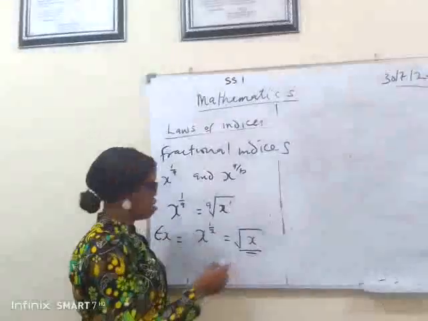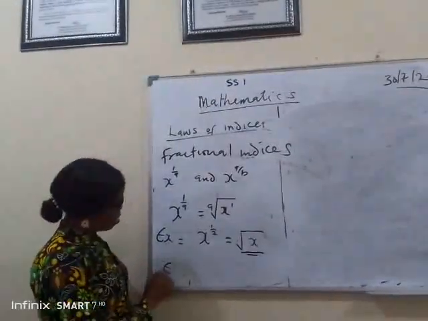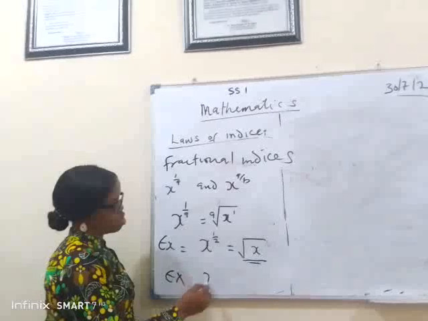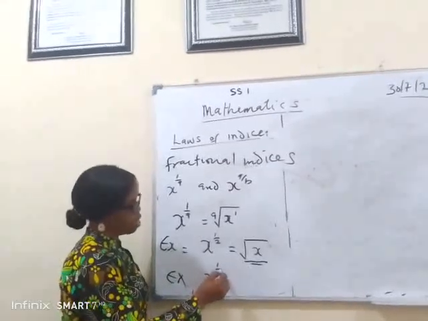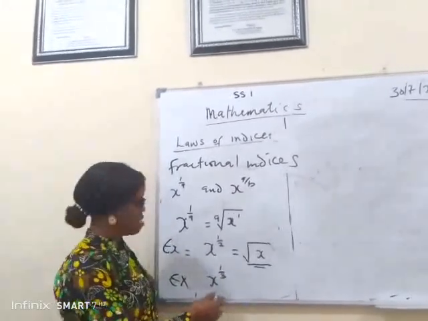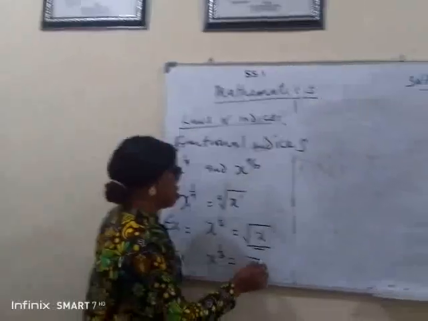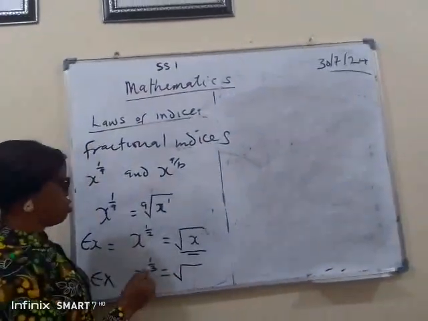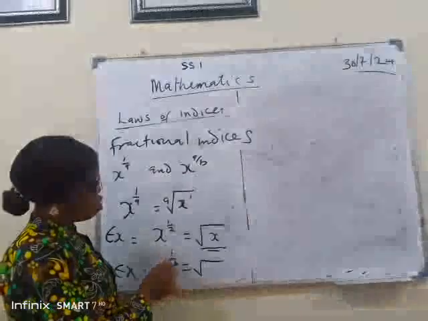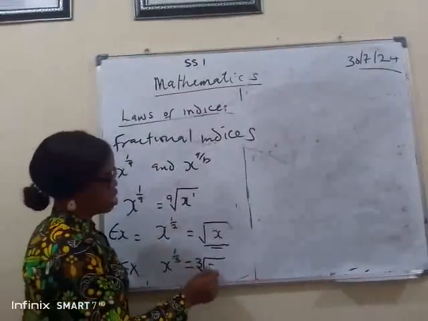Example again, in another example, I can have x raised to power 1 over 3. In that case, I will bring into existence the cube root. This one, we have to come here, then x raised to power 1.